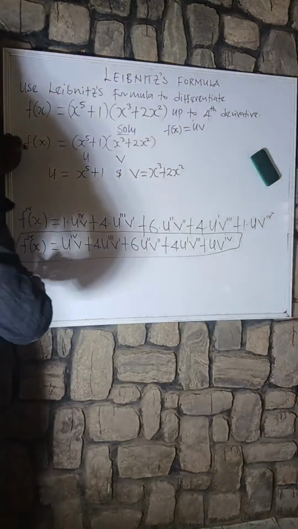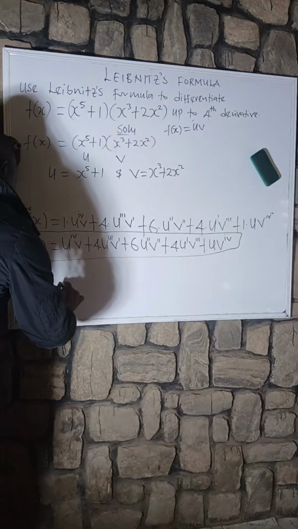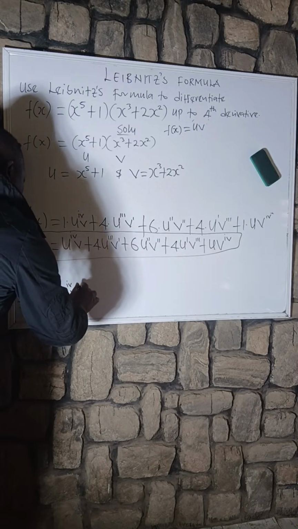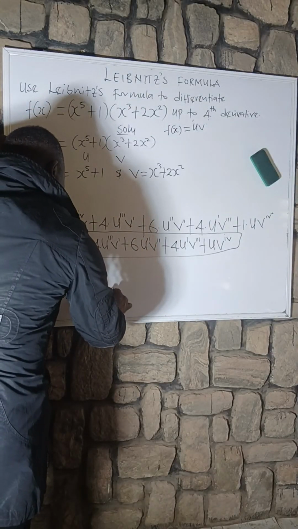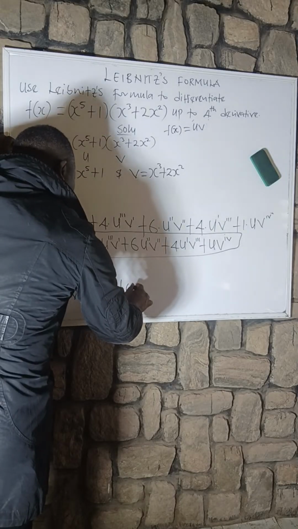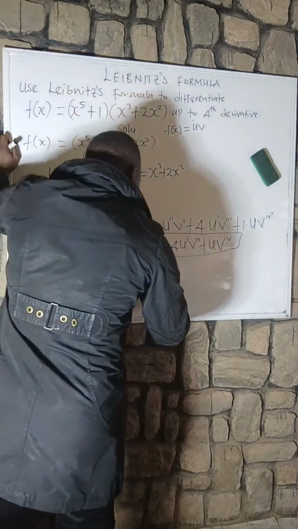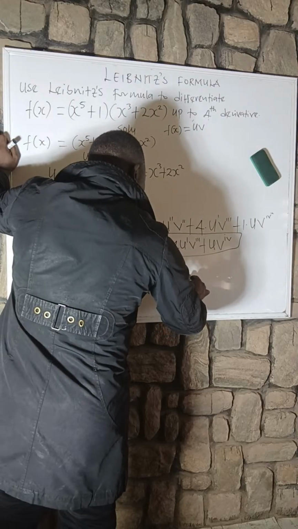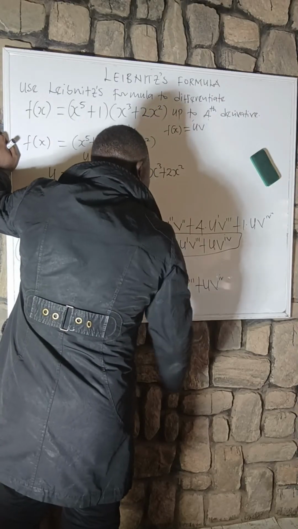That is f^(iv) of x is equal to u^(iv) v, then plus 4 u''' v', plus 6 u'' v'', then plus 4 u' v''' plus u v^(iv).